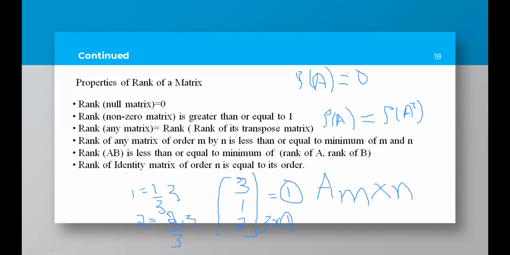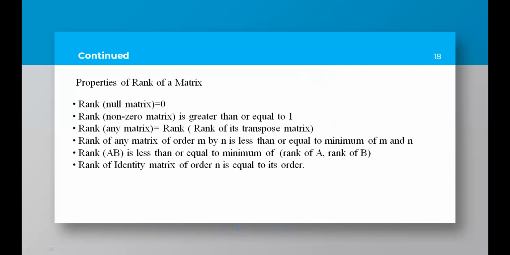Now consider one more matrix for this property: 3, 1, 2, 3, 1, 2. Are these two rows or these two columns linearly independent or dependent?